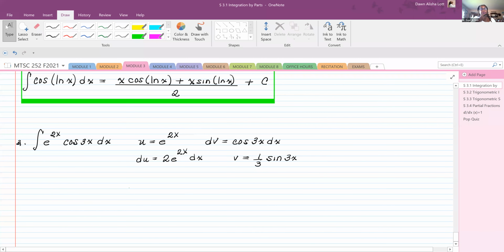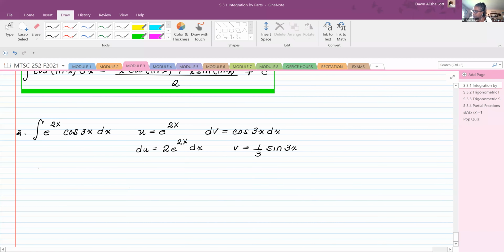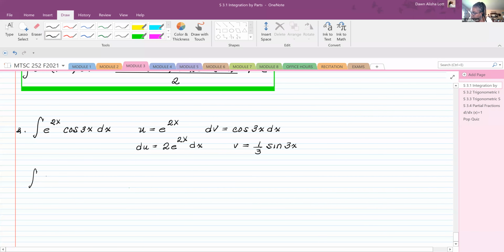Okay, so far so good. So now I get the integral of e to the 2x cosine 3x dx is equal to u times v. So I'm going to get 1/3 e to the 2x times the sine of 3x minus the integral of v du. So that's going to give me 2/3 e to the 2x sine of 3x dx.